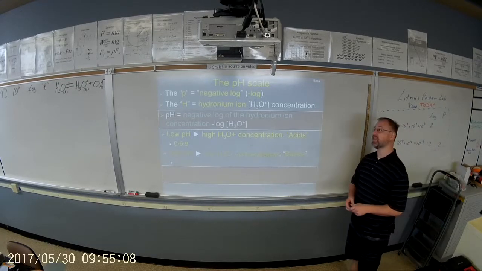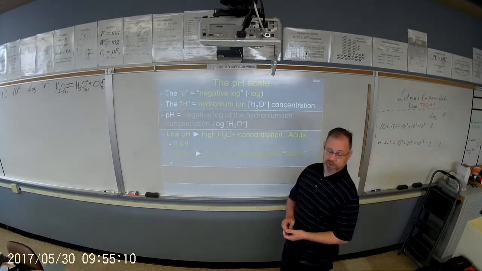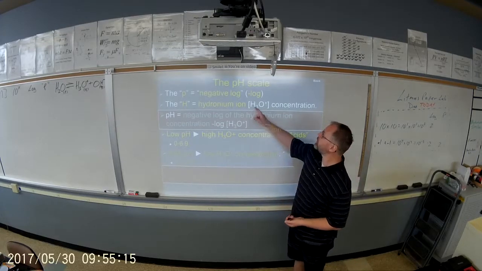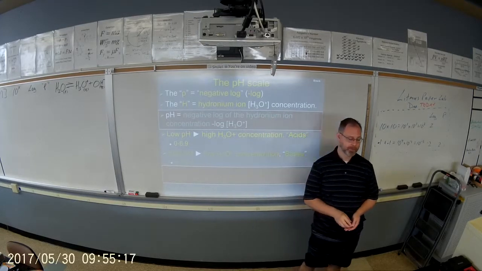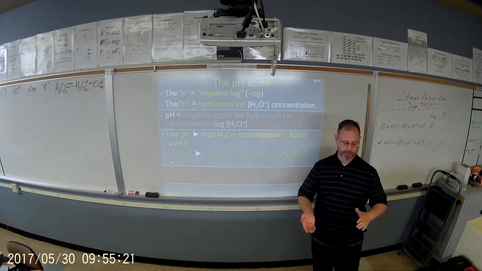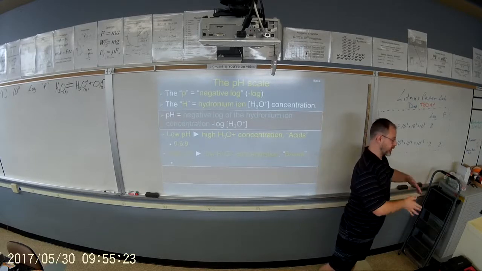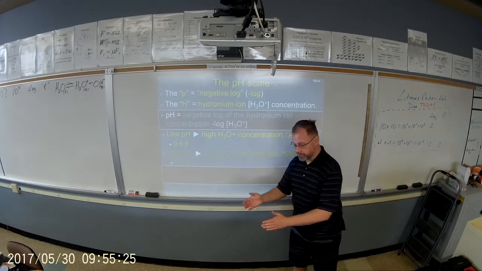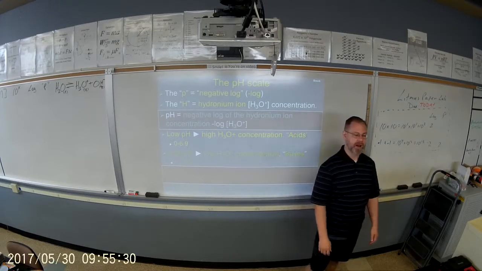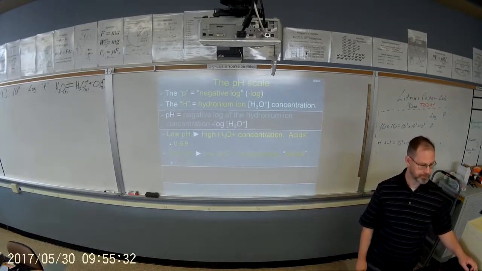The H in the pH is hydronium ion concentration, and once again, hydronium is the H3O+. So when you put P and H together, you get the negative logarithm of the hydronium ion concentration.